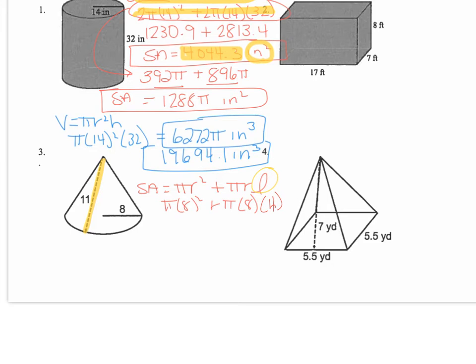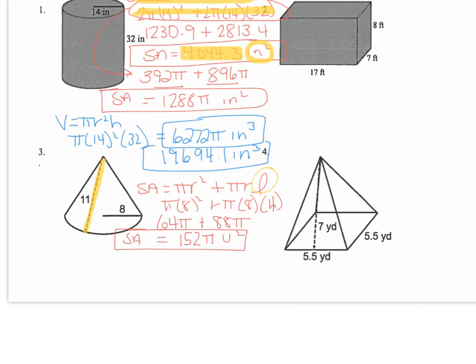I'm going to leave in terms of pi just because it's easier. 64 pi plus 88 pi, and then 64 plus 88 is 152 pi units squared. Because it didn't tell me my units, that's my surface area. Hopefully you're with me. Let's now do volume.